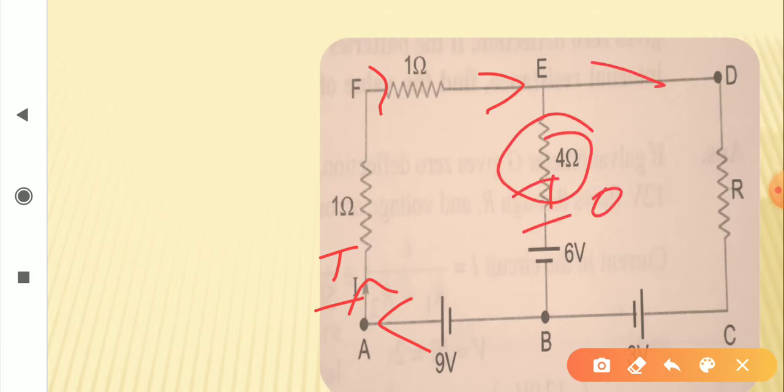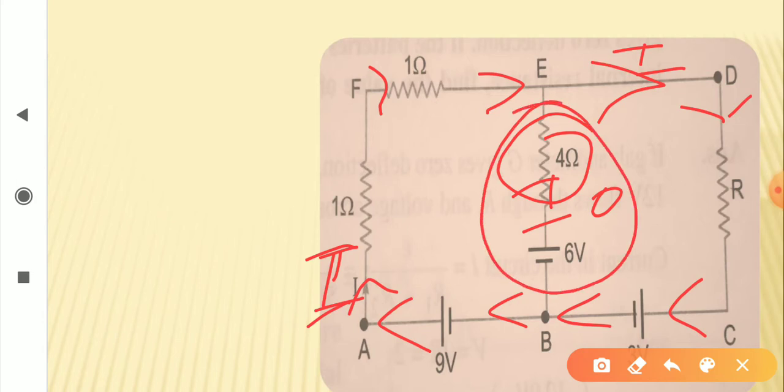That means the same current I is passing through this path. The same current is passing through R and it is returning back to the 9 volt battery. So the 9 volt battery is giving current I, which is taking this route along A, F, D, E, A, and no current is passing through this arm. So I hope this must be clear.